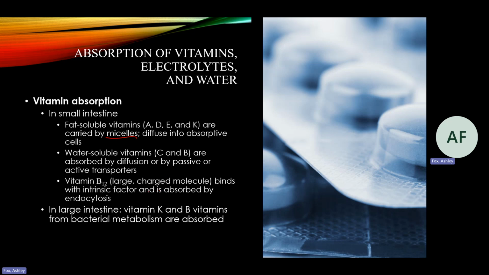So it needs to bind with intrinsic factor made by the parietal cells of the stomach so that it can be absorbed that way. It's different in the sense that it has to bind with intrinsic factor and be absorbed by endocytosis because it's so large. It can't even be diffused or actively transported. It has to be in vesicles and brought in.